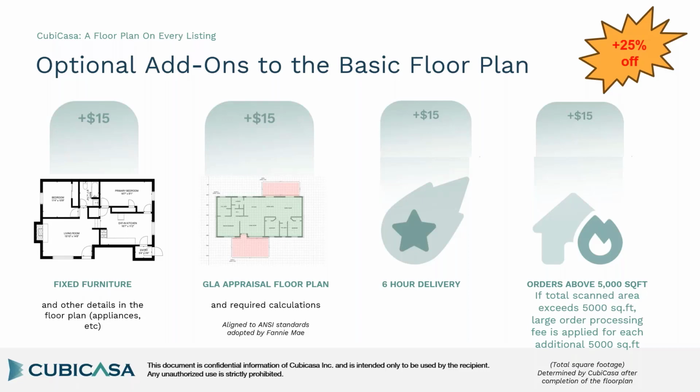So it's basically sketched out in the little squares like you see in a GLA report. If you need a faster turnaround, let's say that you're going on a morning appointment, you want to have it in the afternoon, you can pay again to have the 6-hour delivery. Or again, if it's over 5,000 square feet, that's when you would pay that additional charge. I think they're really reasonable, and they really aren't trying to upsell.